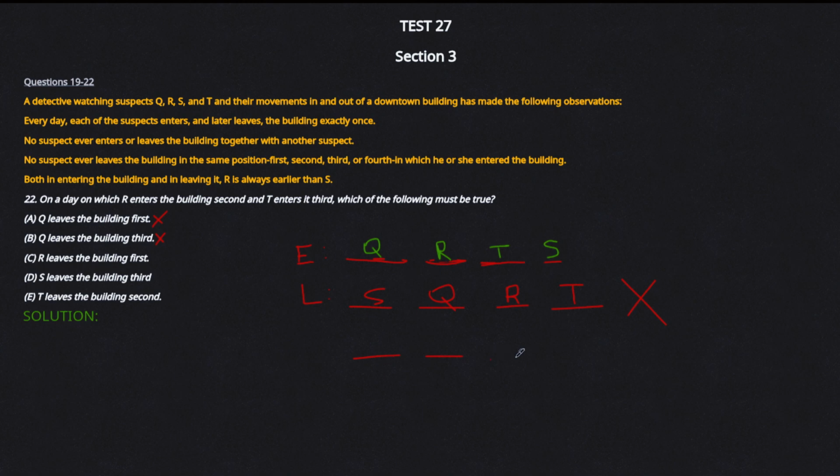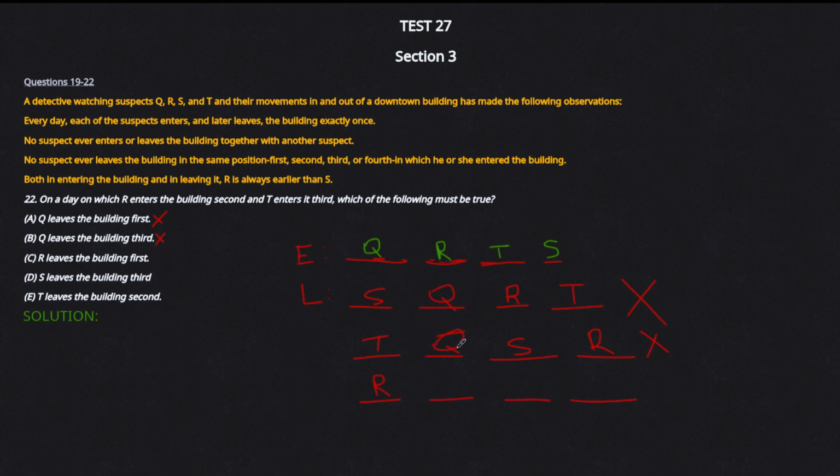Let's assume another one. Let's say R is at number 4, S is at number 3, T is at number 1, and Q is at number 2. Again, S cannot be earlier than R, so this is a violation as well. So what is the rightful scenario here? R cannot be at number 3, R cannot be at number 4, so the only place R can be is at number 1.